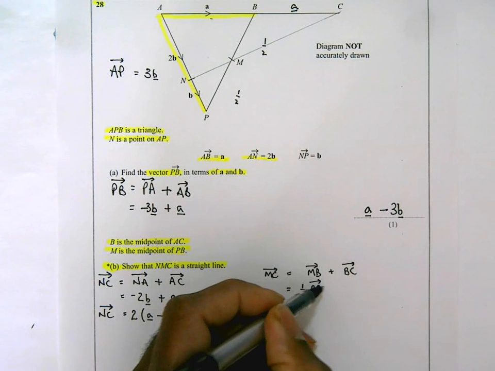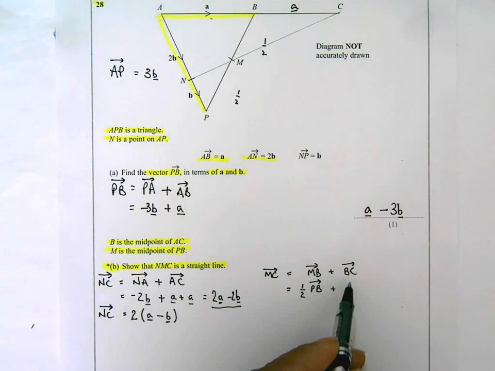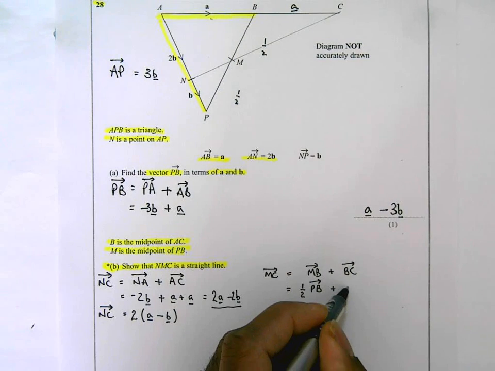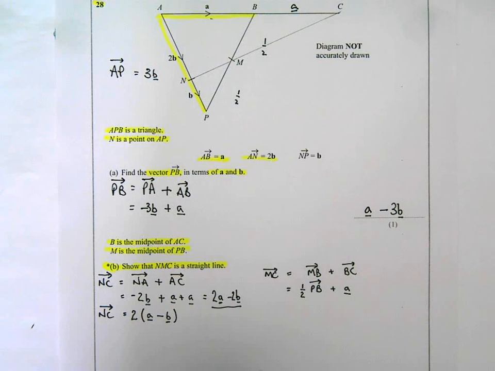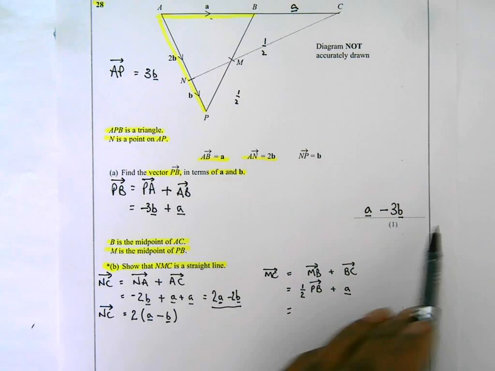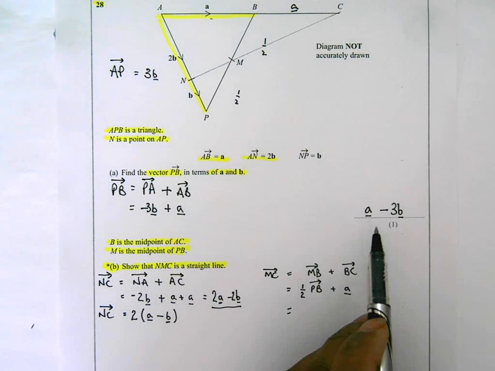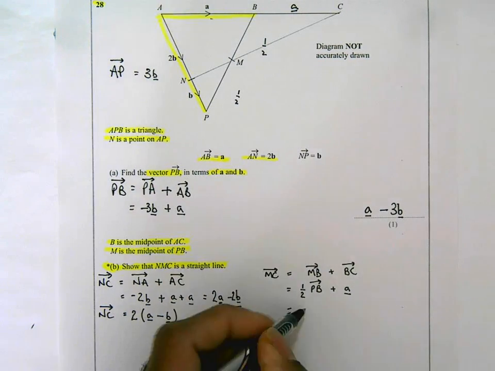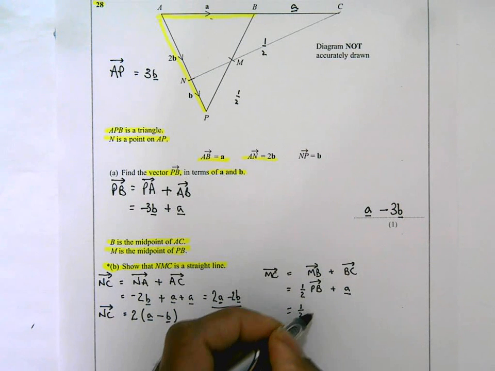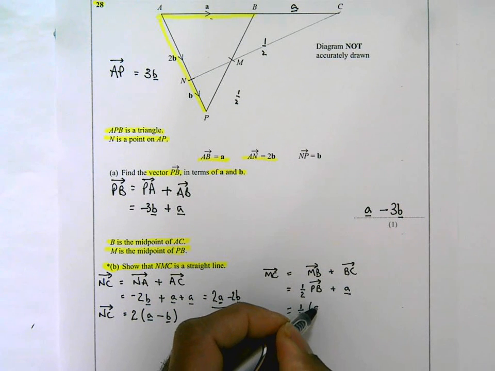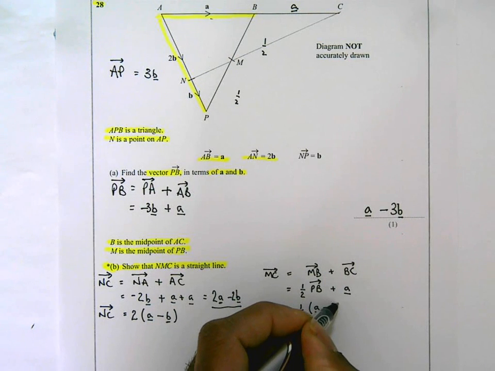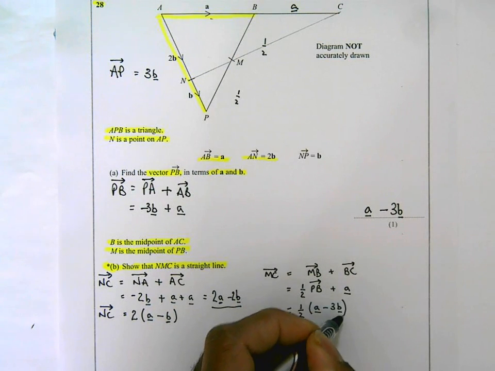And I already know that BC is just A. So I'm going to use the answer to part A, which is PB is A minus 3B. I'm going to use that here. That's going to be a half of A minus 3B. And don't forget to add on the A.